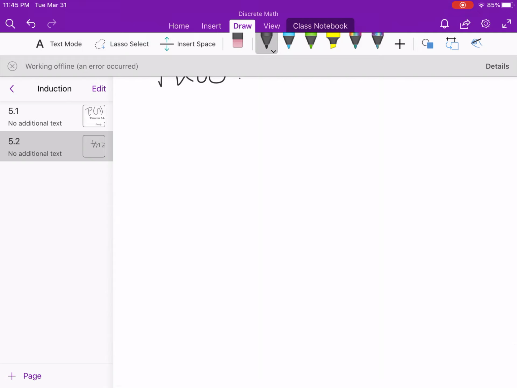Now comes the inductive step. Did basis, now inductive step. Remember, I suppose that P of k is true.